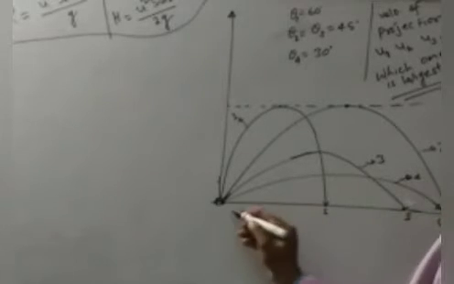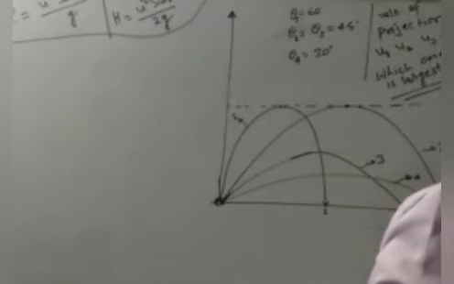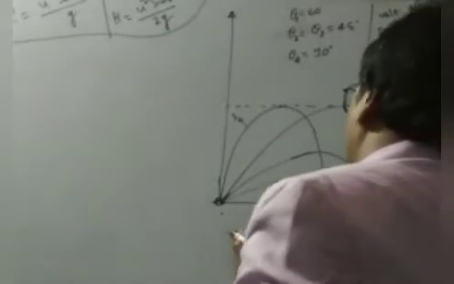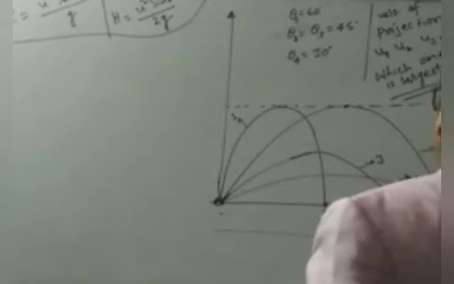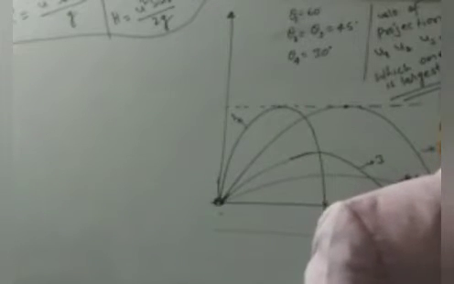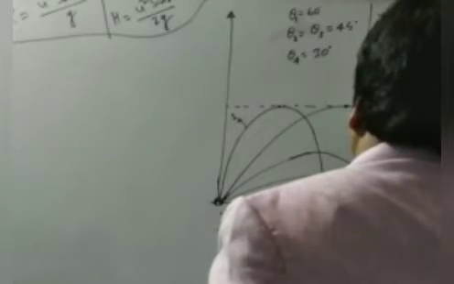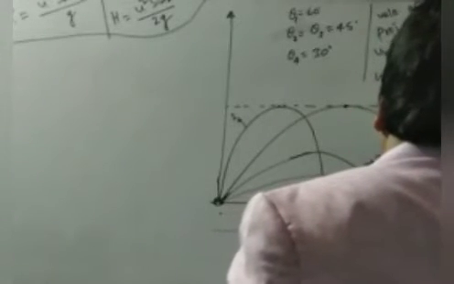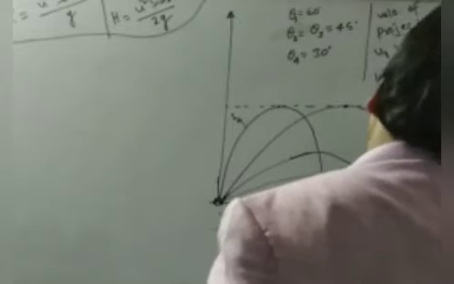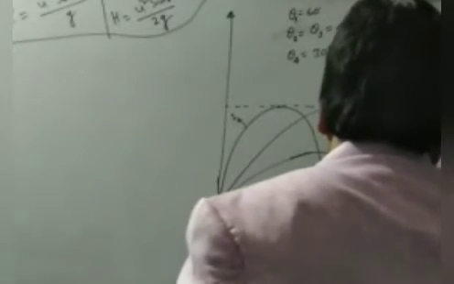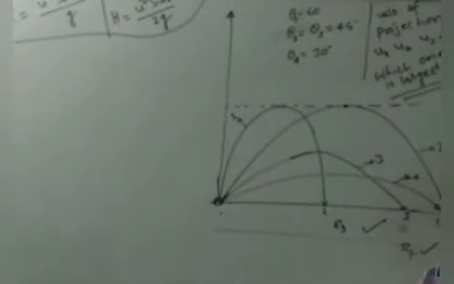Definitely this distance is less than this. That is, this is basically R3, and this is basically R4, or R2 also. I am just discussing about R2. So definitely R3 is less than R2.